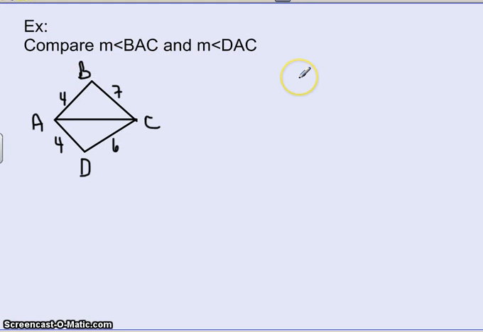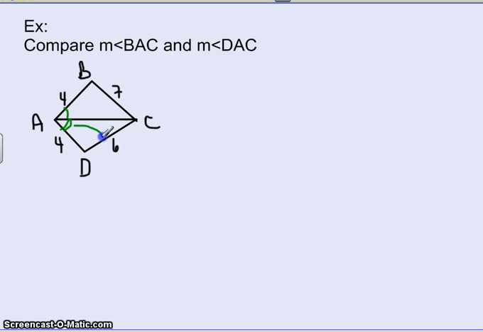Let's see how we can apply those in this lesson real quick. So we're supposed to compare angle BAC, this angle right here, with angle DAC, so with this angle right here. So notice reflexive property tells us that AC is shared in the two triangles. AD and AB are both marked 4.